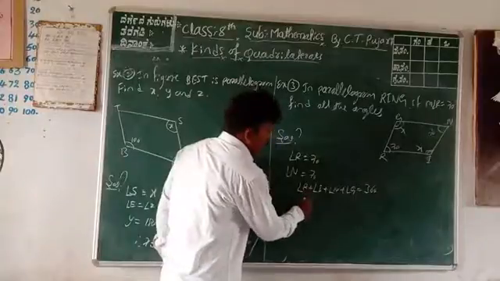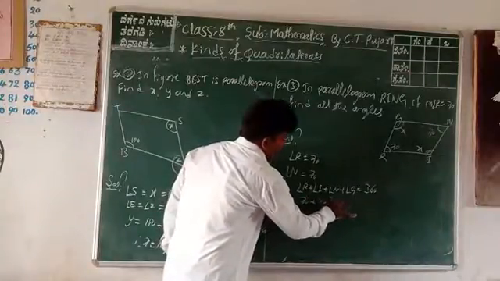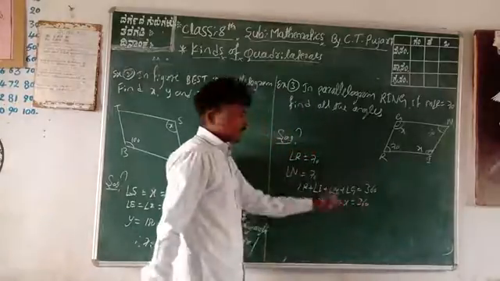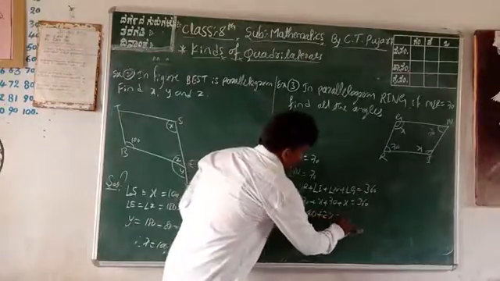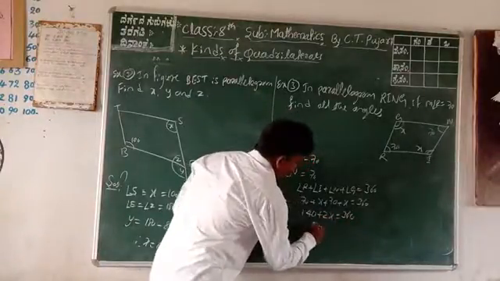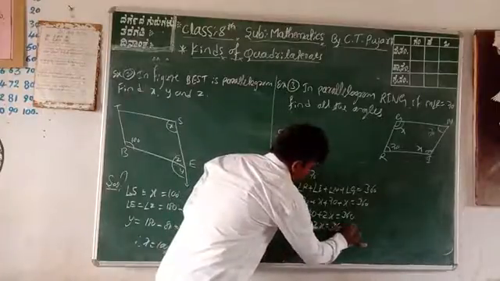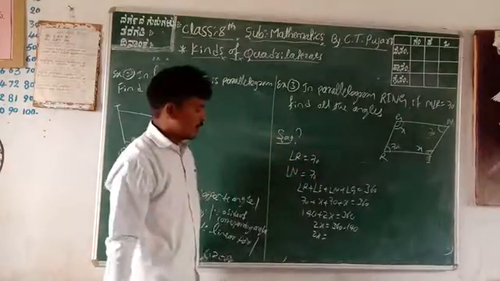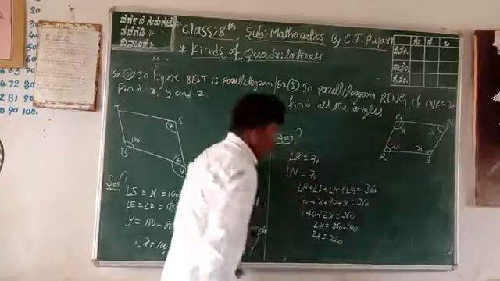Therefore, R is equal to 70 degrees plus this one is x, this is 70 degrees plus this also x is equal to 360 degrees. 70 plus 70 is 140 plus 2x is equal to 360 degrees. Therefore, 2x is equal to 360 minus 140, so 2x is equal to 220.